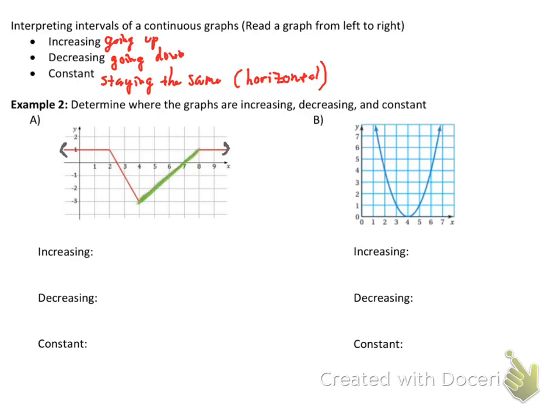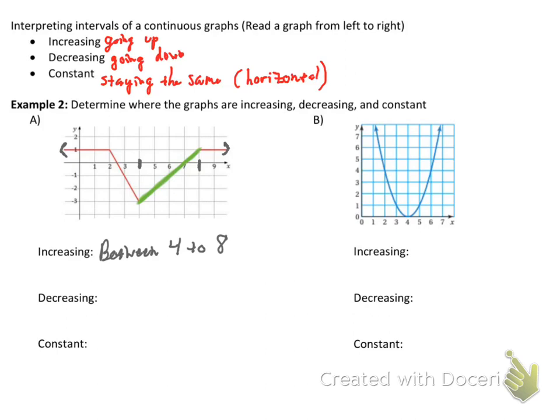So that's where it's increasing. And so on what interval is it increasing? Well, we look at the x values there. So from 4 to 8. So between 4 and 8, or from 4 to 8, this graph is increasing.